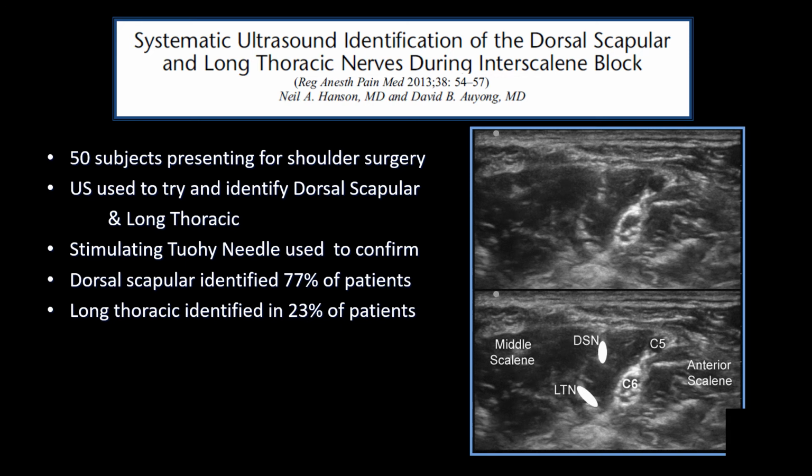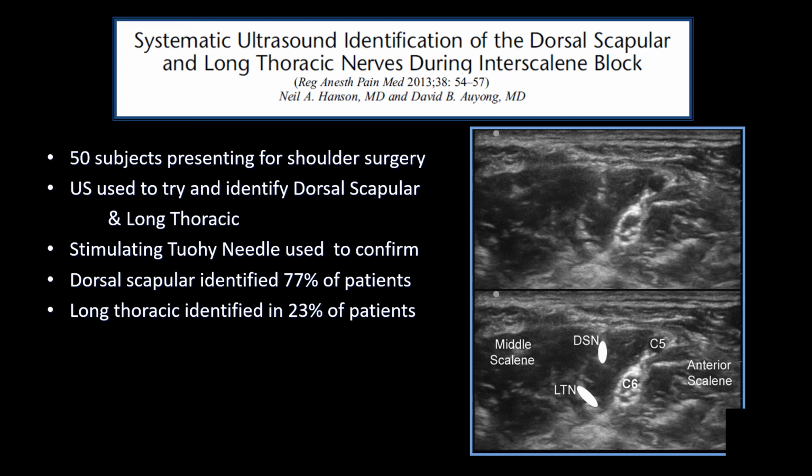Now on to a few things that you want to avoid when you're placing needles in the posterior cervical triangle. And this is an excellent example of two nerves that you should know about and be concerned about: the dorsal scapular nerve and the long thoracic nerve. This was a great paper from 2013. They looked at 50 subjects and whether or not they could see the long thoracic or the dorsal scapular nerve.